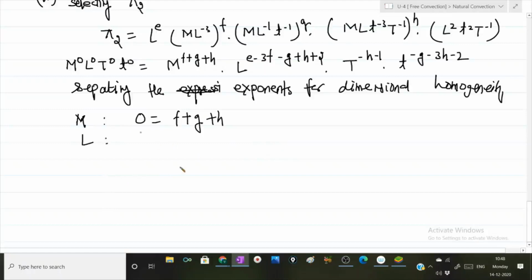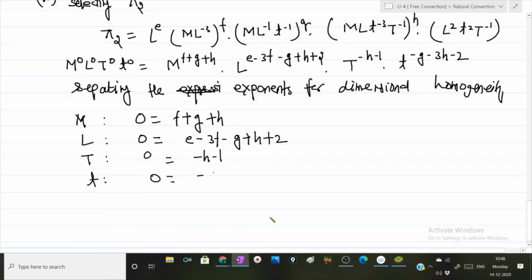For length it can be expressed as 0 is equal to e minus 3f minus g plus h plus 2. For temperature T it will be expressed as 0 is equal to minus h minus 1, and for time t it will be 0 is equal to minus g minus 3h minus 2.